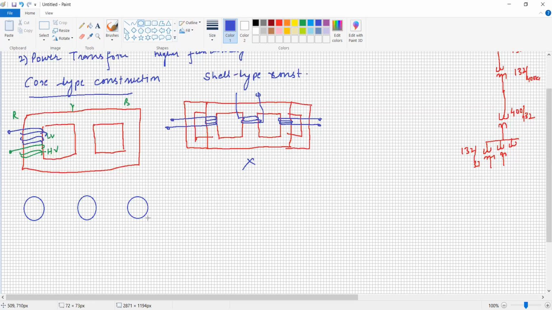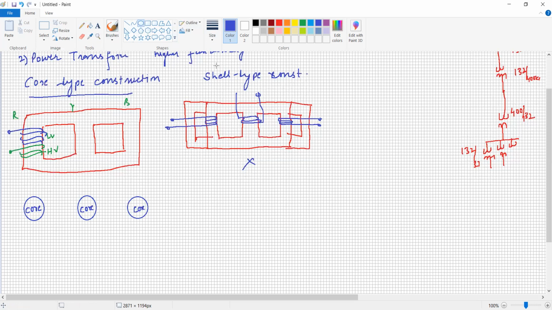It is similar to the top view of this core. This is the core of the transformer. It is a cruciform core.